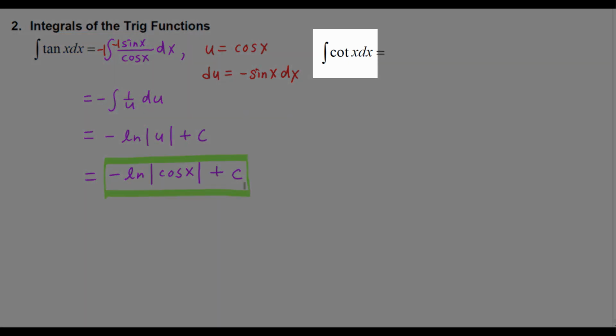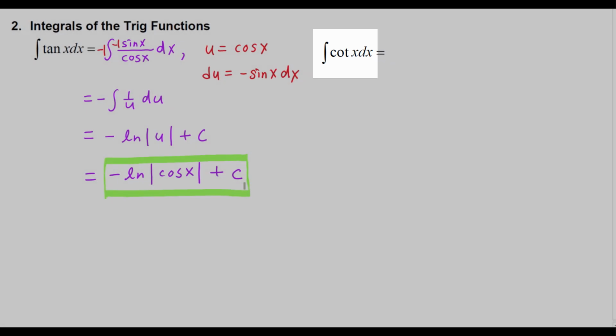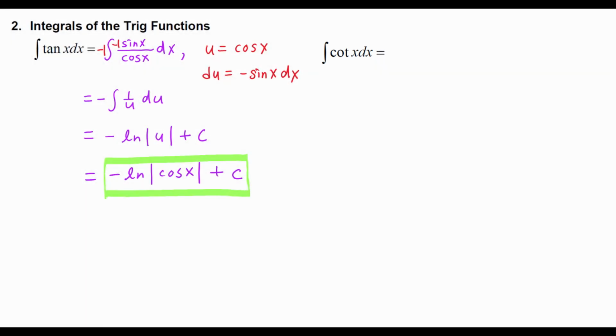What would it be for the integral of cotangent x dx? That would be really easy too, right? So then the integral of cotangent x is cosine x over sine x dx. So you're going to let your u be sine x so that du is cosine x dx.